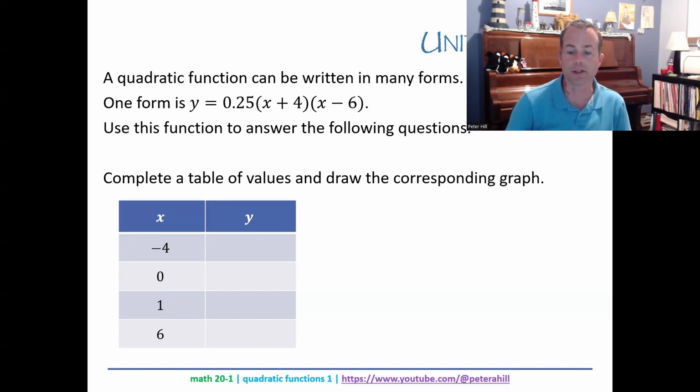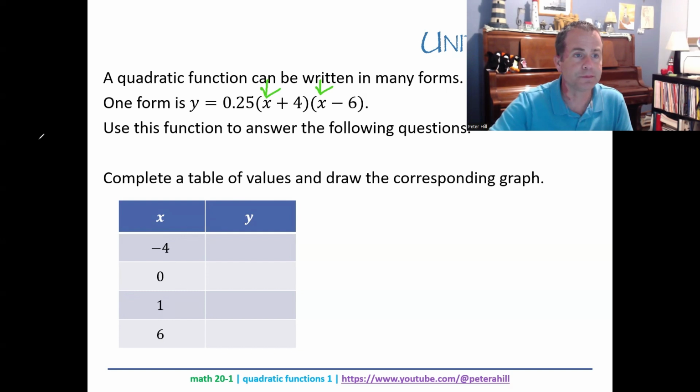So to complete the table of values, I gave you some x values that we're interested in. So you're going to plug in -4 for x here and here, see what you get out, plug 0 in, see what you get out, plug 1 in, see what you get out, and plug 6 in, see what you get out. Okay, so pause me and do that.